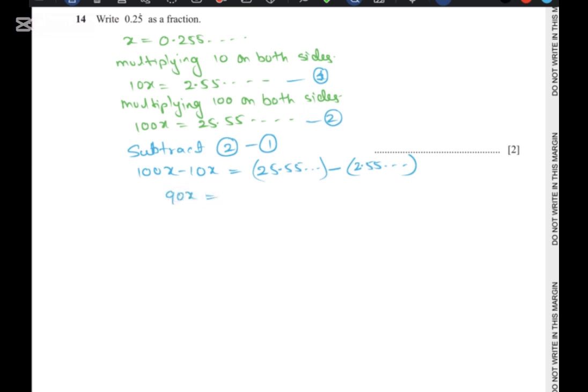And 25 minus 2 is 23, and the recurring 5s subtract to give 0. So x will be, bringing 90 to the right hand side, it gets divided. So the answer is 23 by 90. We cannot simplify it, it is as it is. So the answer is 23 by 90. This is the fraction for 0.25555 recurring decimal.